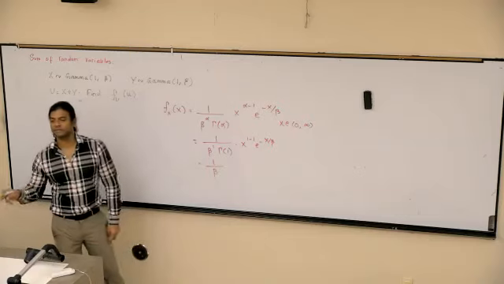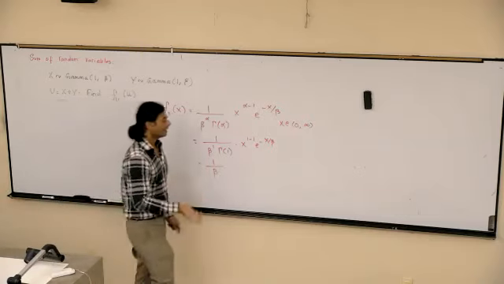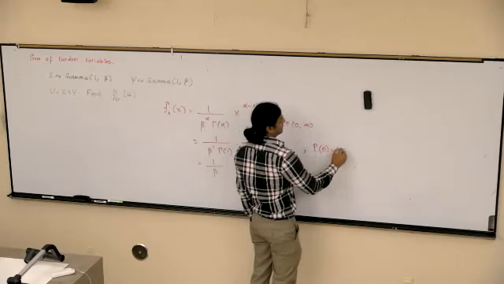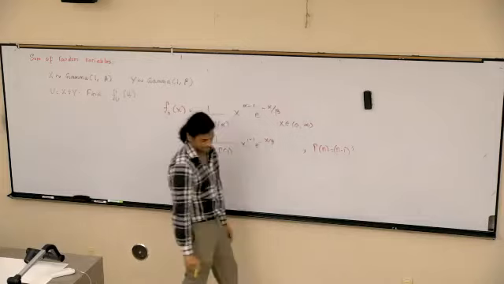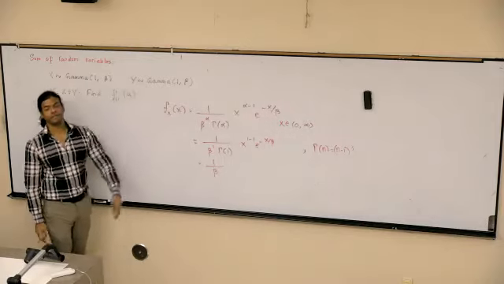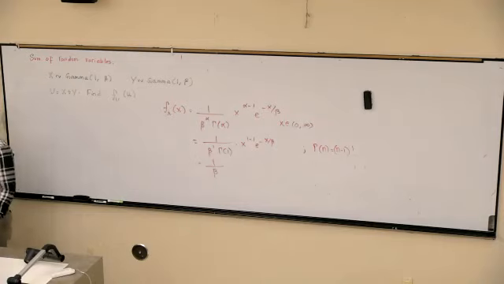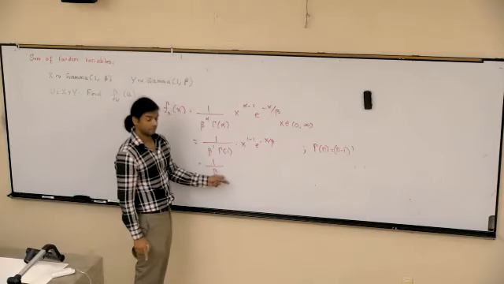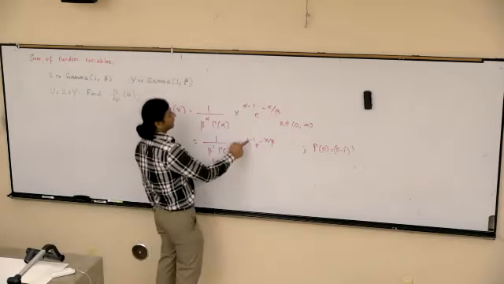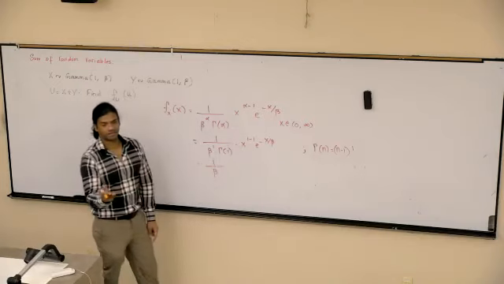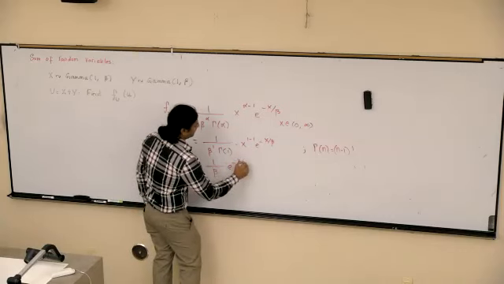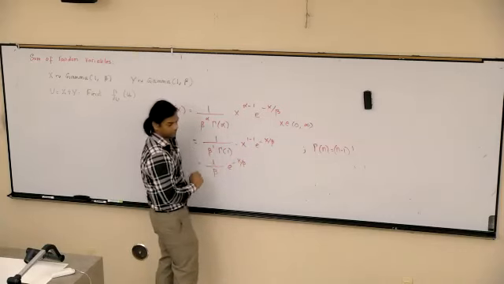Gamma of 1 is 1. Reason being, gamma of n is n minus 1 factorial for any integer. So if I plug in 1, 1 minus 1 is 0, 0 factorial is 1. So 1 over beta, gamma of 1 is 1. x raised 1 minus 1 would be x raised 0, which is 1. I end up having e raised minus x over beta.